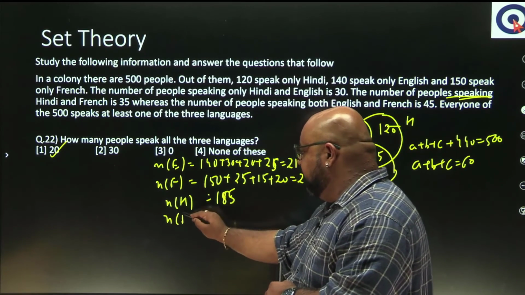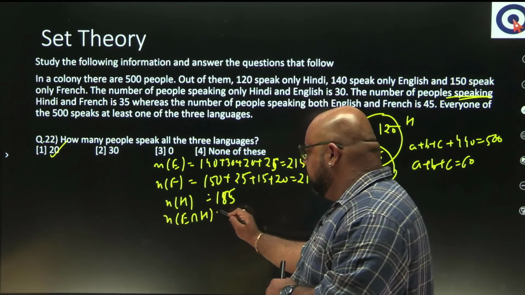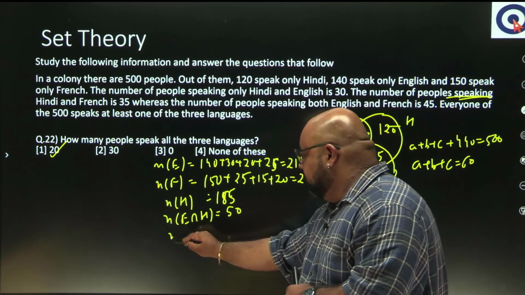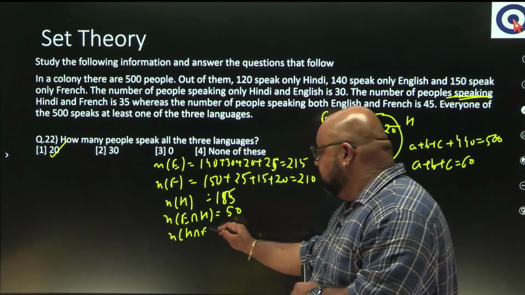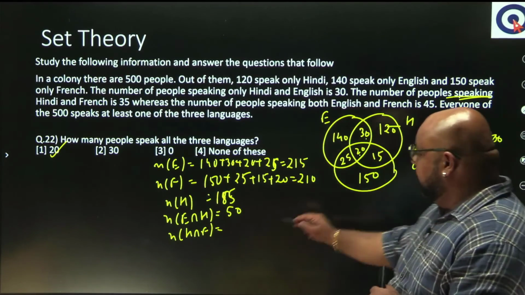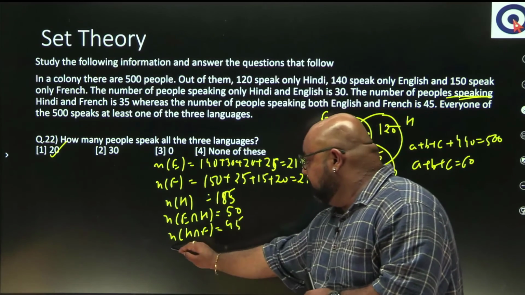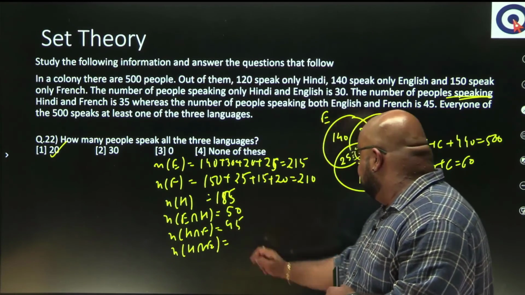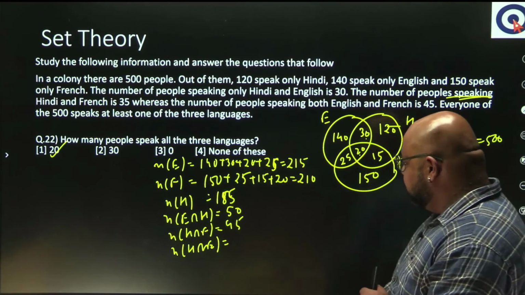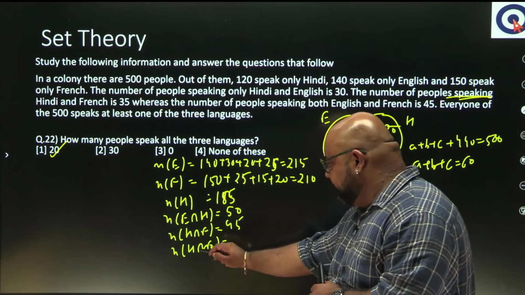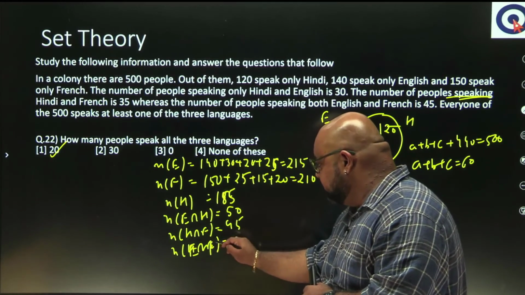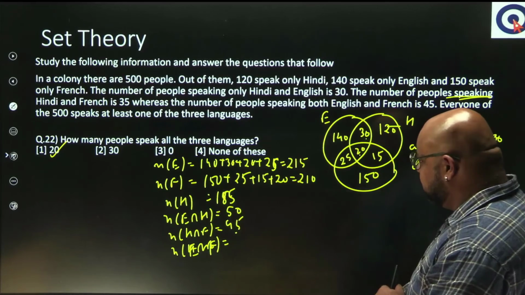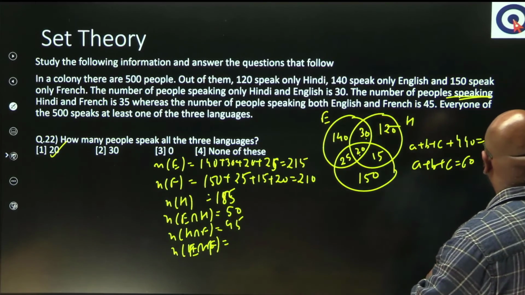Number of people for English and Hindi would be 30 plus 20, which is 50. Hindi and French, this is I think already given, 45. Hindi and English, again already given. English and French, sorry. Just a second.